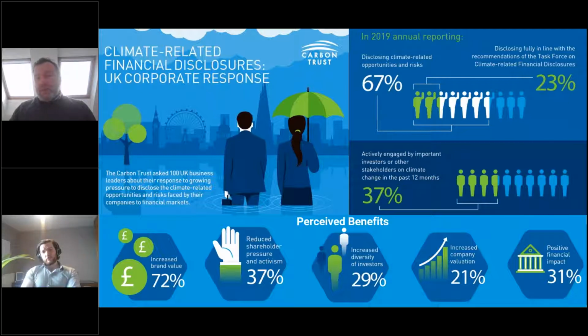Other benefits were that 29% felt that it could help with diversification of investors, and even 21% felt that it could lead to increased company valuation. So in other words, all that effort that had been going into the sustainability teams was now starting to be recognized by investors, lenders, insurers, and stakeholders.